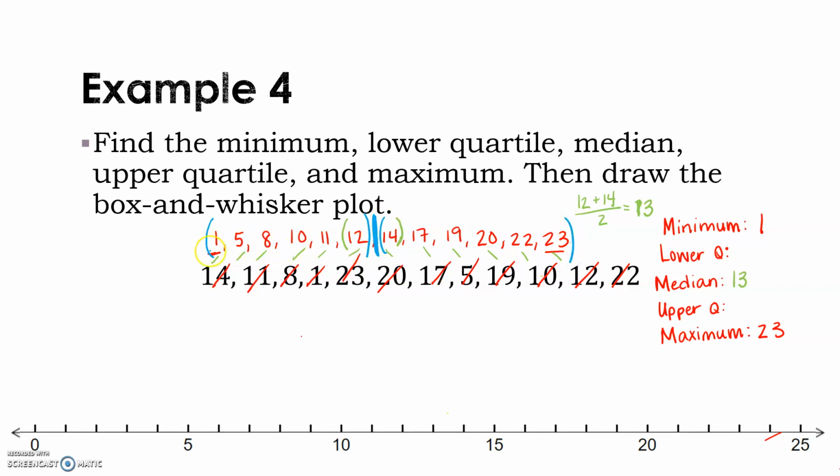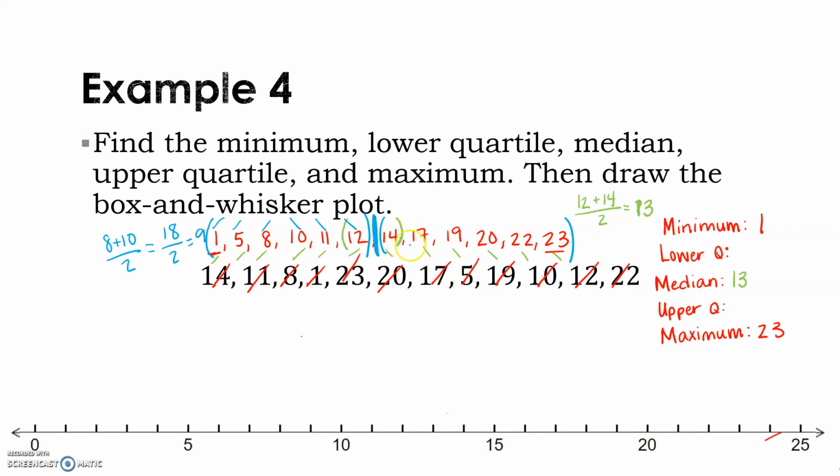So finding the median of this first set of data, I count in 1, 2, 3, 1, 2, 3, and again, I don't have a number smack dab in the middle. So I have to find the median of 8 and 10. Well, if I do 8 plus 10, divide by 2, I get 18 divided by 2 is 9.